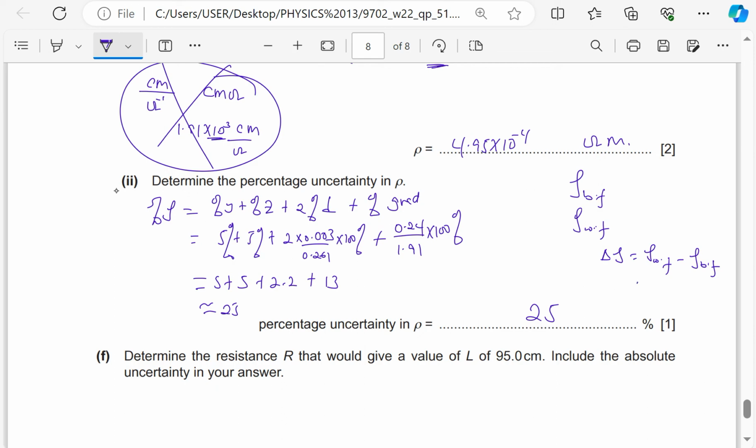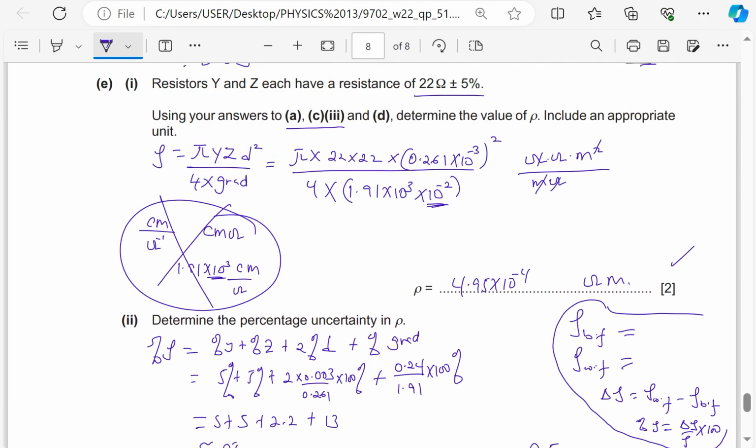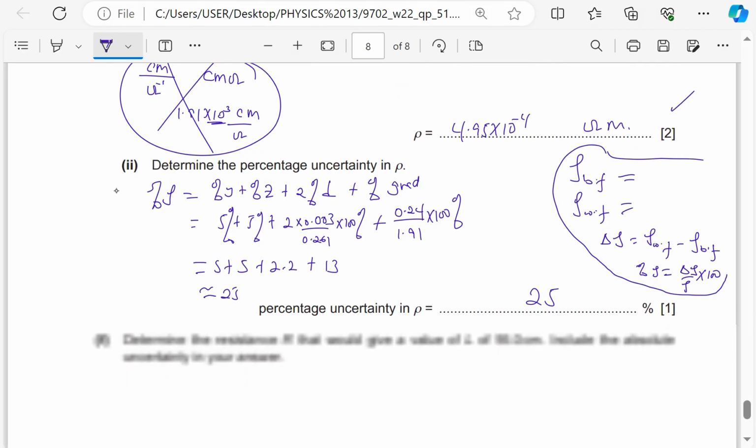Then you can find the percentage in rho as the absolute in rho divided by rho times 100. This could also give you, not the same answer, but it will be an acceptable method. You repeat the same substitution, but this time you put the worst gradient, you get the second value. Then you subtract to get the absolute, then you change it to percentage.